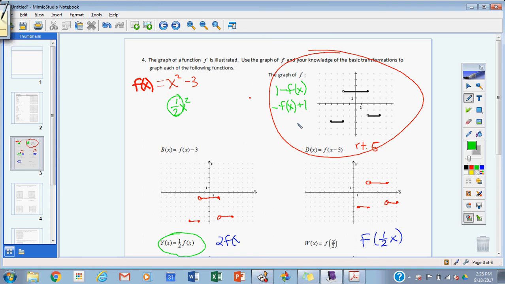Okay, well, this can get a little tricky with this one because this isn't a function you're used to graphing. Now, if I would have said to you guys, hey, why don't you take the opposite of x squared and add 1? I'm pretty sure all of you would go, oh, that means go up 1 and then go like this.